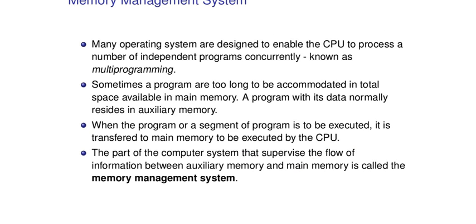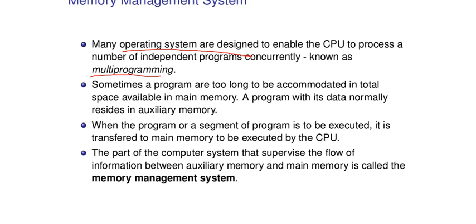In this slide, we will talk about the memory management system. So we dig deeper into what the memory management system is. We know that many operating systems are designed in such a way to support multiprogramming. Multiprogramming is to process a number of independent programs concurrently. We can run many programs concurrently, such as in our present-day operating systems.